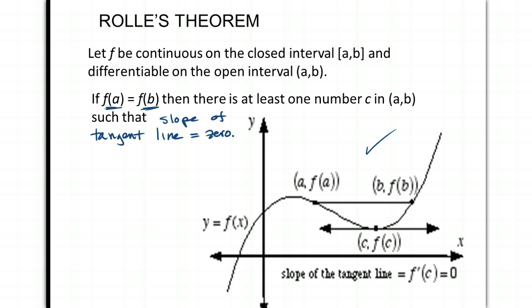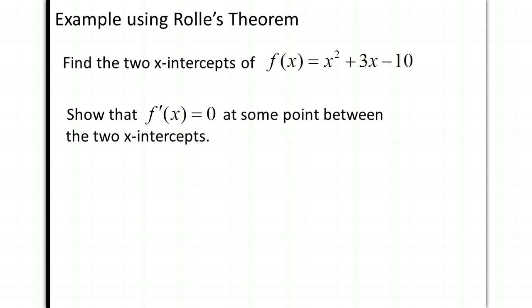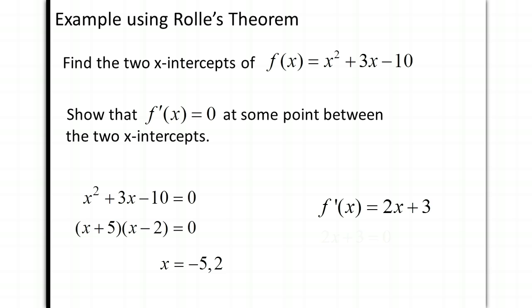Let's do an example of that. Find two x-intercepts such that f prime of x equals 0 at some point between the two x-intercepts. Let's go to the visual first. I think that always helps.